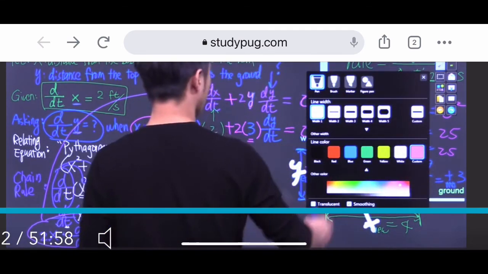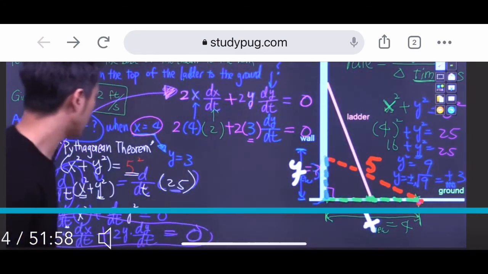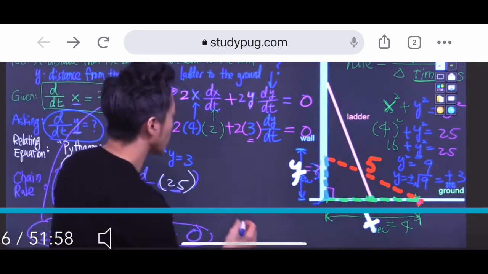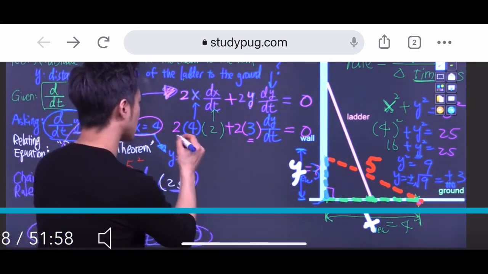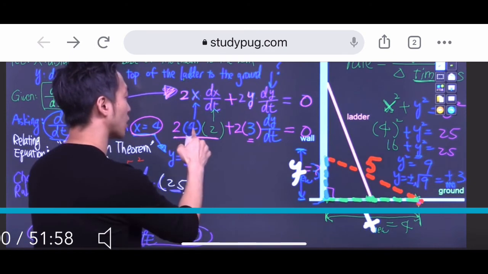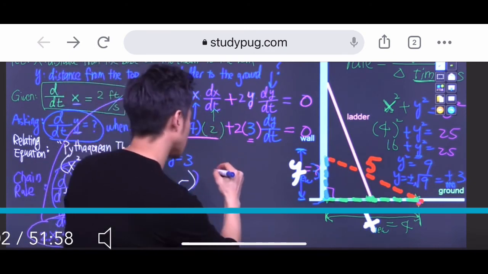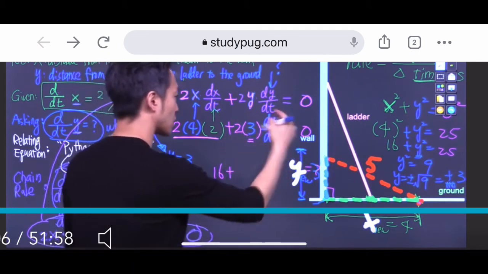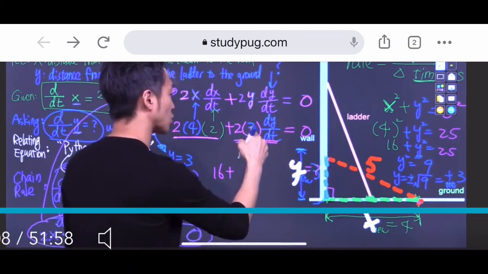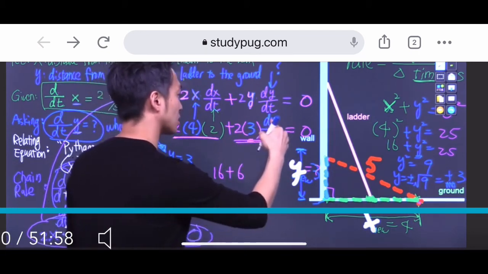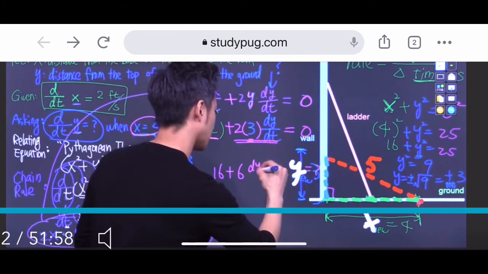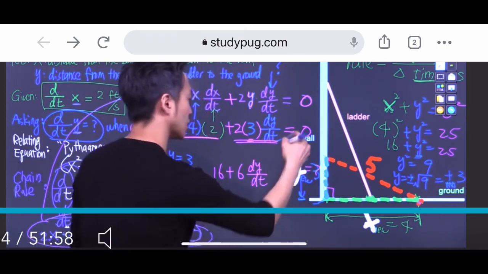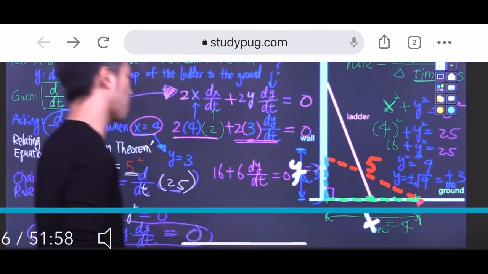So let's solve the equation now. In the first term here, we have 2 times 4 is 8, 8 times 2 is 16, plus the second term right here, 2 times 3 is 6. So we have 6 dy/dt equal to 0.